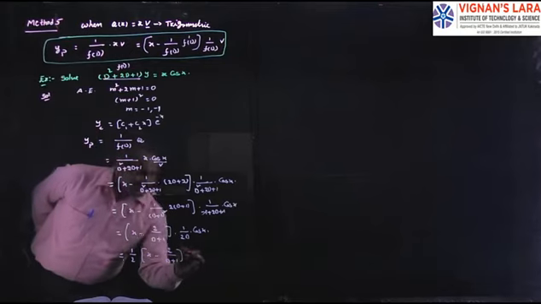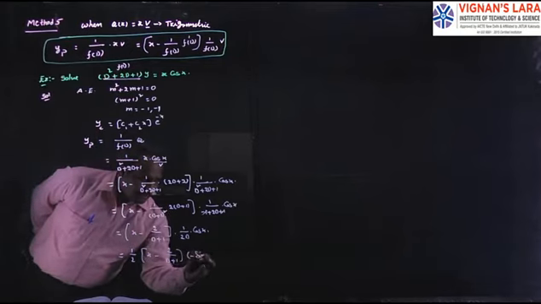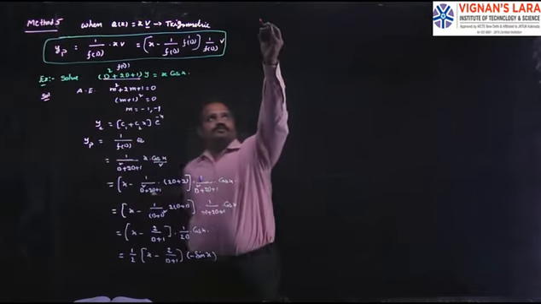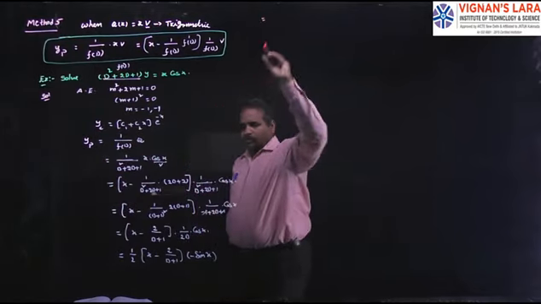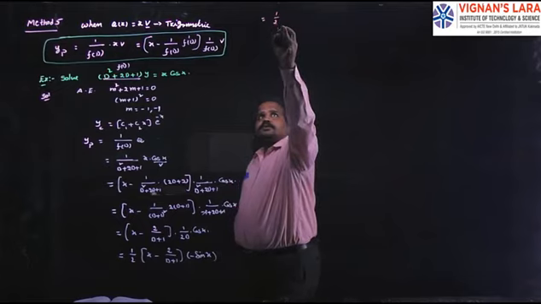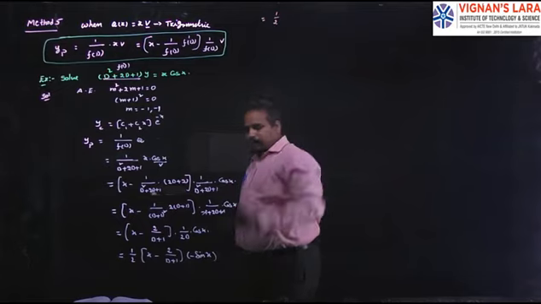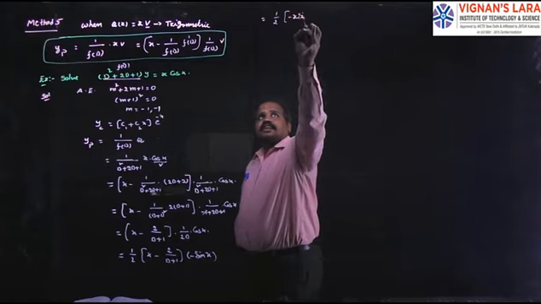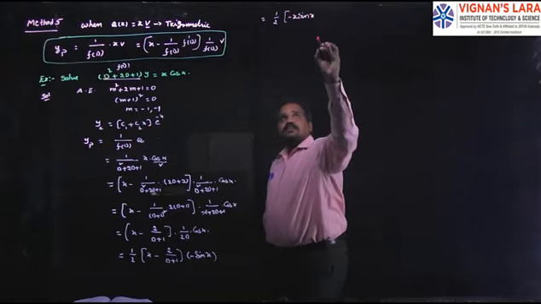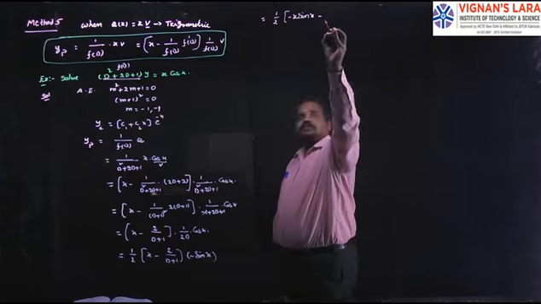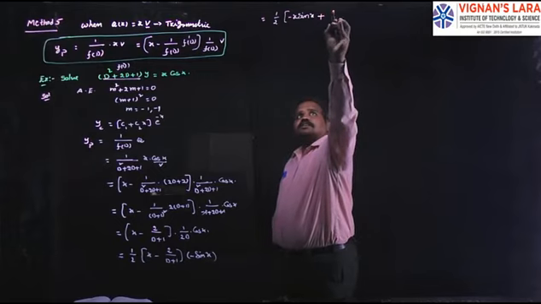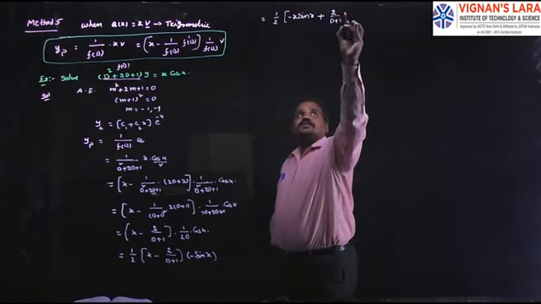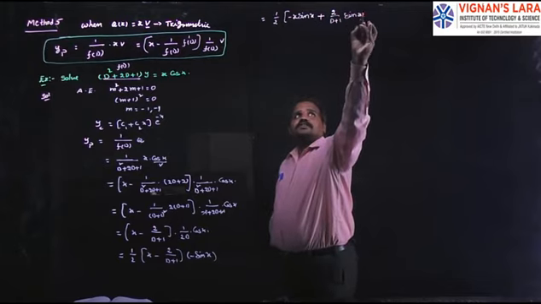The integral of cos x is minus sin x, which is equal to 1 by 2 into, multiply minus sin x inside, minus x sin x, minus into minus plus 2 by (D plus 1) into sin x.